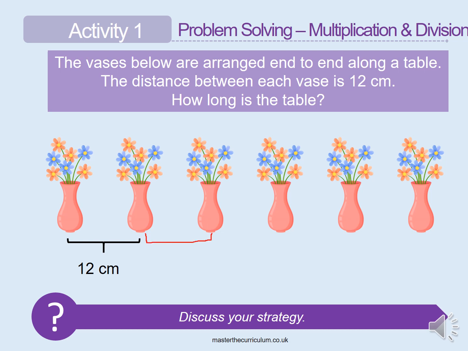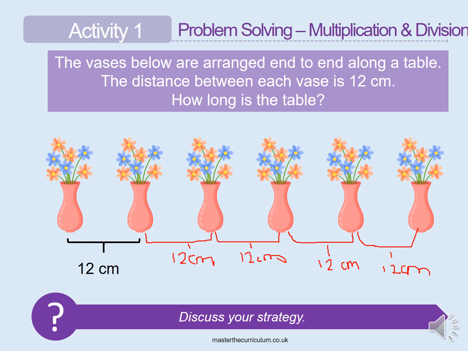So I'm going to start writing. So that's 2 gaps. That's 3 gaps. Apologies for my writing. Then we have 4 gaps. We've got 5 gaps of 12 centimetres.